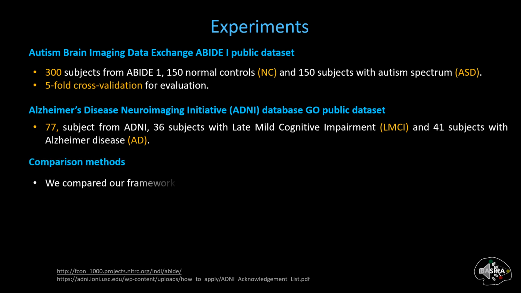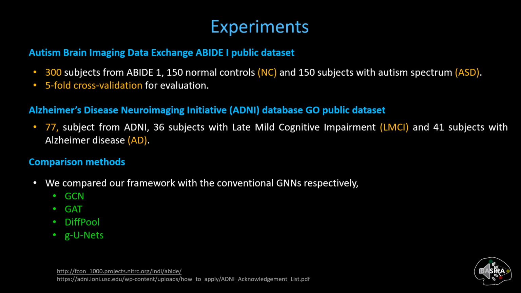We benchmarked our framework against 4 conventional GNNs, respectively GCN, GAT, DiffPool, and Graph U-Nets. Therefore, we conducted 16 different experiments using 2 datasets with left and right hemisphere and 4 conventional GNNs as classification networks.